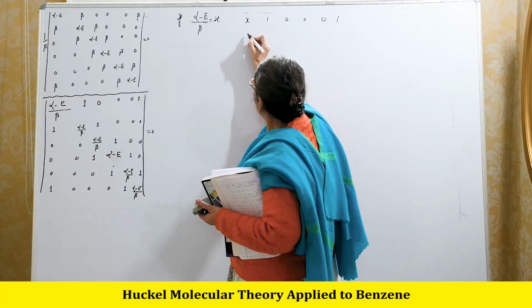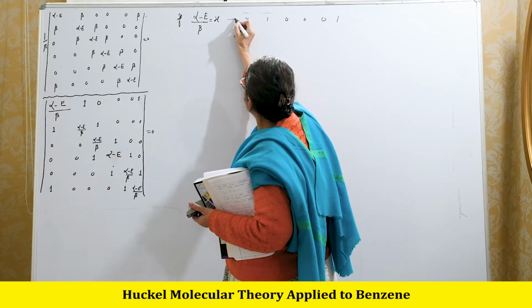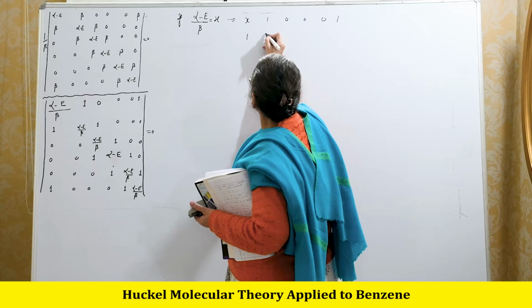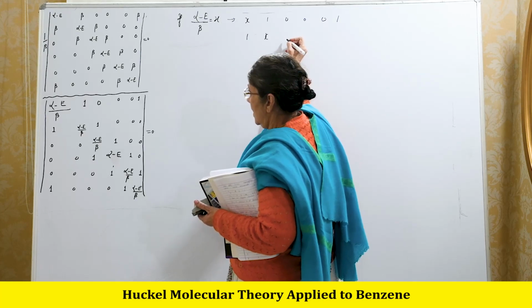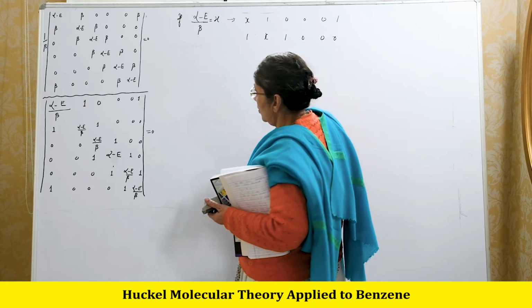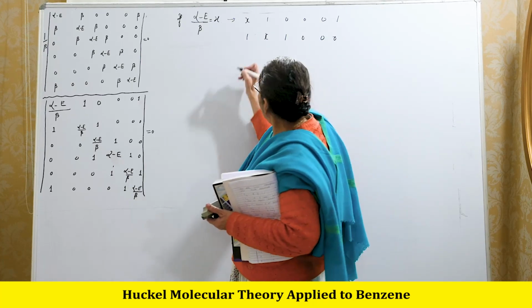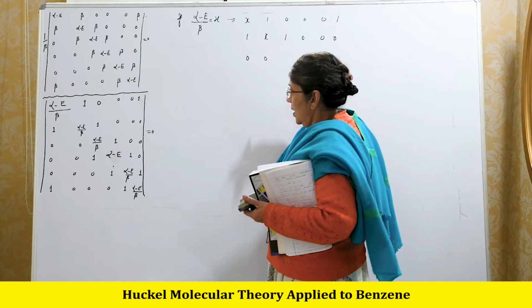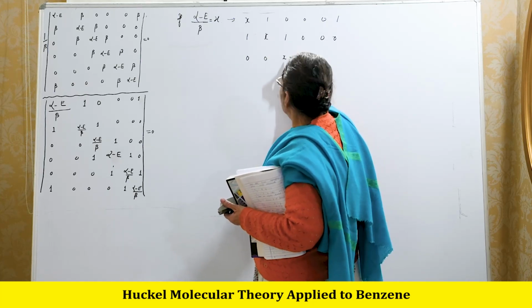The second row is 1, x, 1, 0, 0, 0, and the third row is 0, 1, x, and so on.